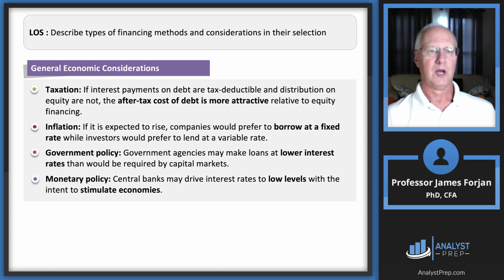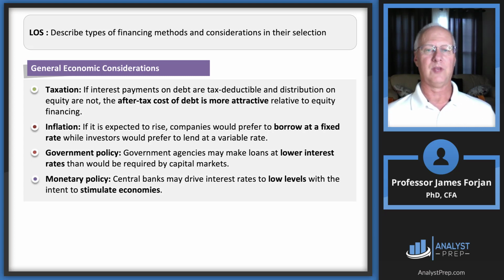Now, of course, taxation and inflation are the results of some kinds of government policies. But in this context here, we want to make sure that you're aware that some government agencies exist to provide loans at lower interest rates than would happen in capital markets.